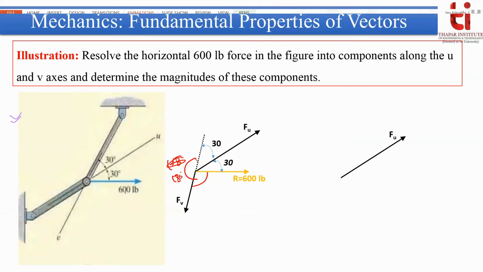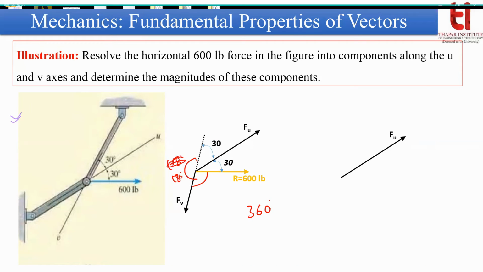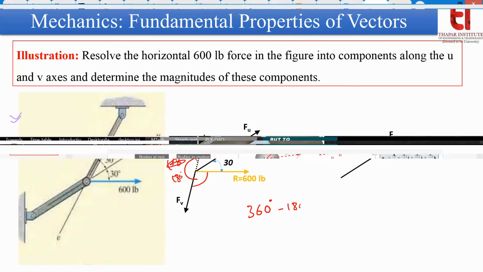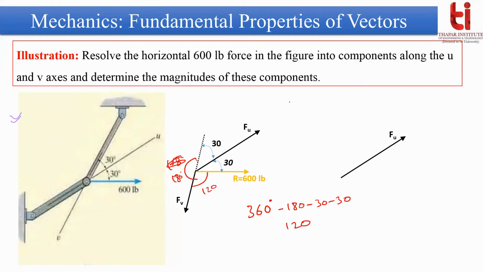You can find this angle by subtracting all the angles from 360, that is 360 degrees minus 180 minus 30 minus 30. So you will get 120. This angle will be 120. Now you can apply Lami's theorem.